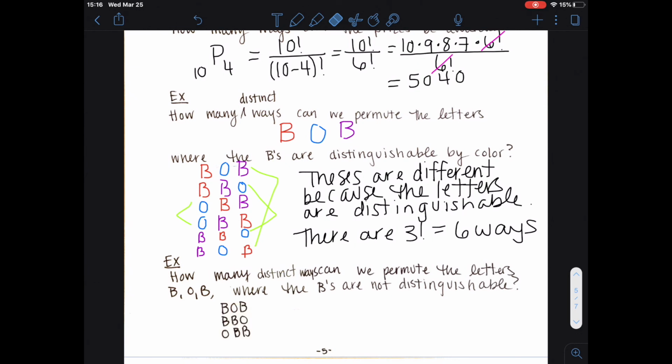So you only have 3 possibilities. I don't have this case here, the OBB and OBB, because I can't tell the difference between the 2 B's. So now it cuts this in half. There's 3 ways when they're not distinct. Okay?